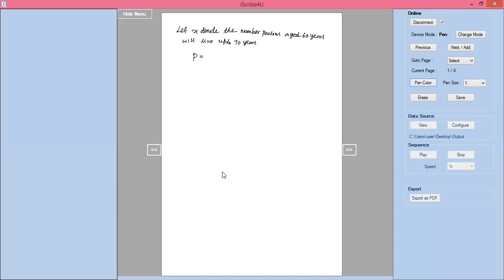P equal to 0.65 means Q equal to 1 minus P, 1 minus 0.65, so Q is 0.35. Now P of x equal to nCx into P power x into Q power n minus x.